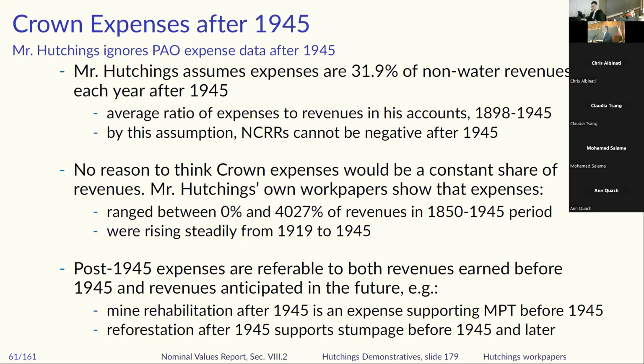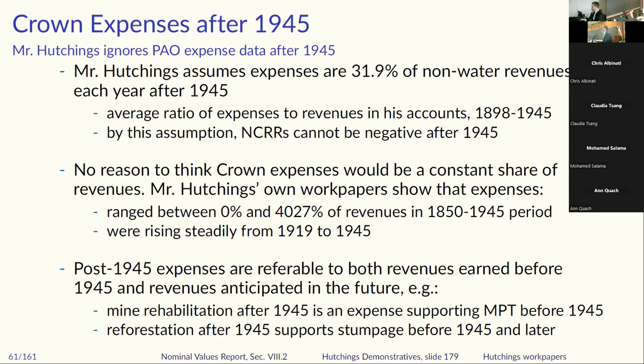Would you like to tell us about the second main bullet on this slide 61? Well, we don't think that this assumption is reasonable. We can't see a reason in the data or in the economics why expenses would be a constant share of revenues. So his model doesn't seem to be validated in that sense.